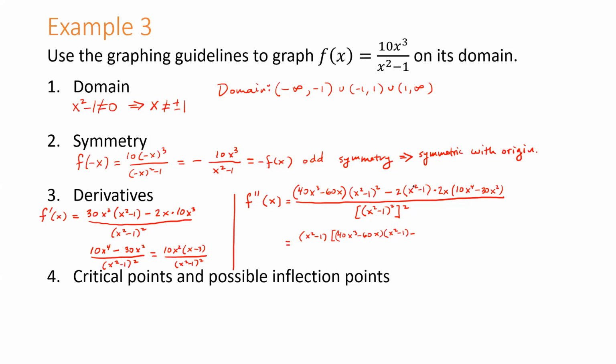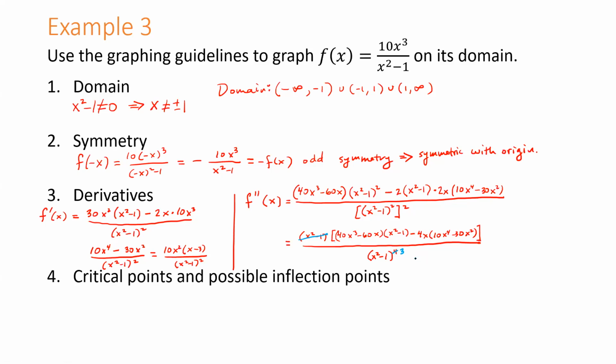Here I factored out this x squared minus 1, so I'm left with minus 4x times 10x to the 4th minus 30x squared. All over, here we'll have x squared minus 1 to the 4th, and that's where I can actually divide out one of these x squared minus 1s with the x squared minus 1 that we factored out.